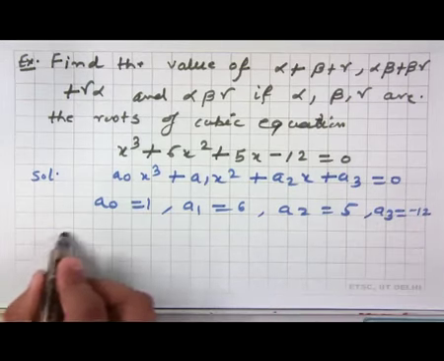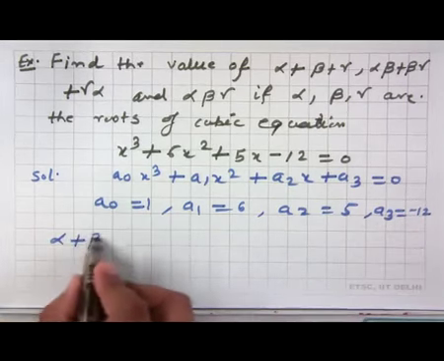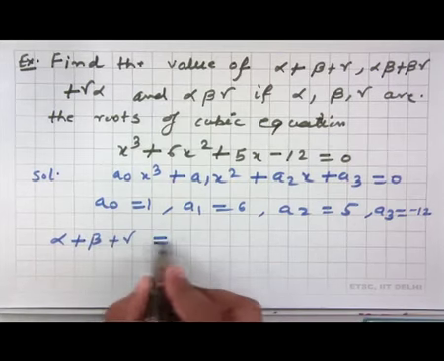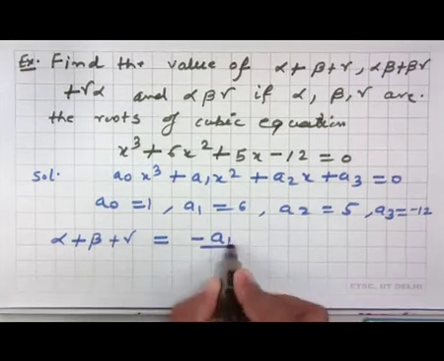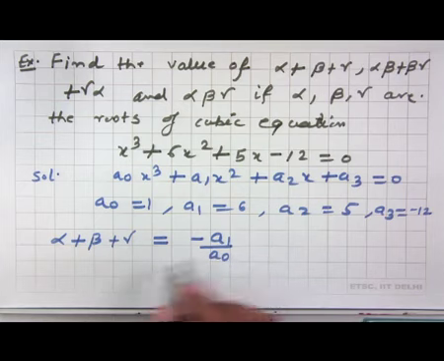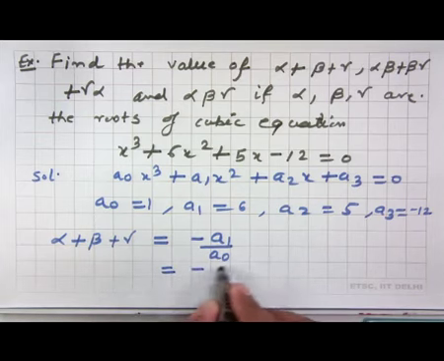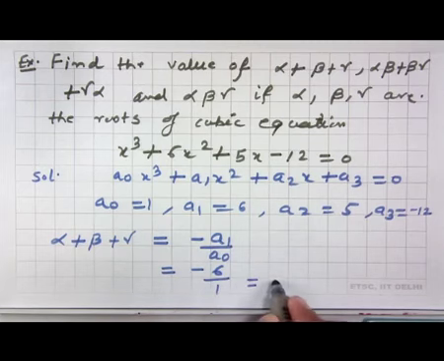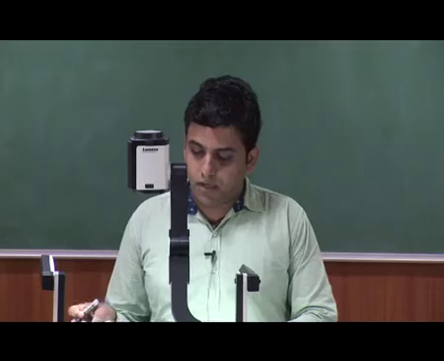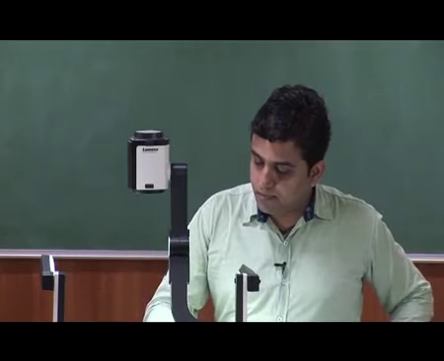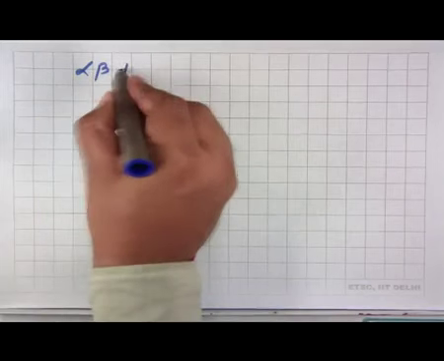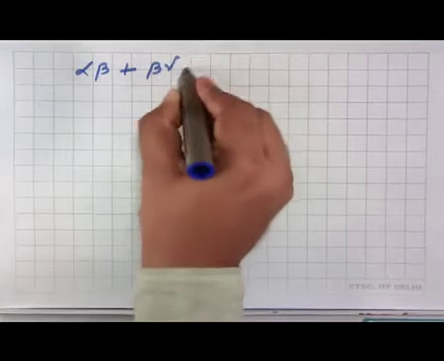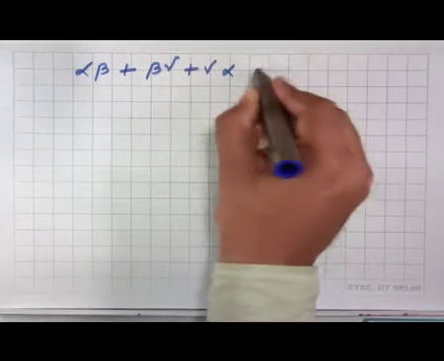Now, the value of alpha + beta + gamma is −a1 upon a0. The value of a1 is 6, divided by 1, so alpha + beta + gamma is −6. Now we shall find alpha beta + beta gamma + gamma alpha.